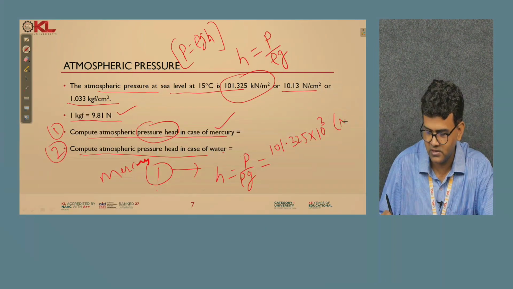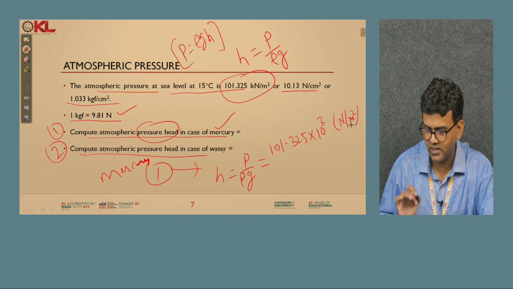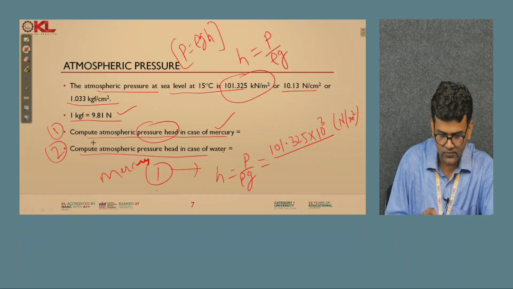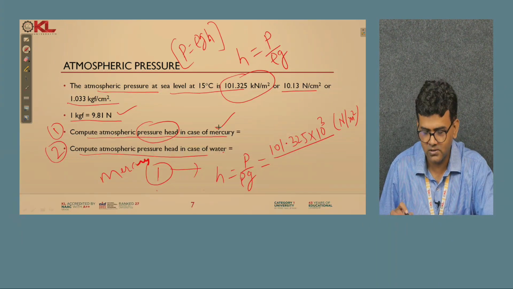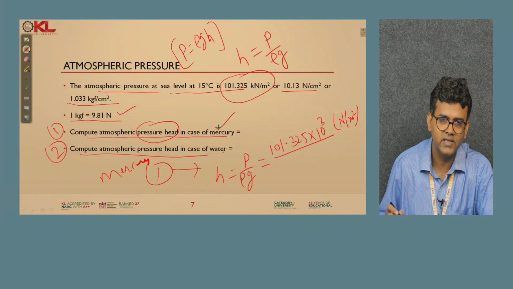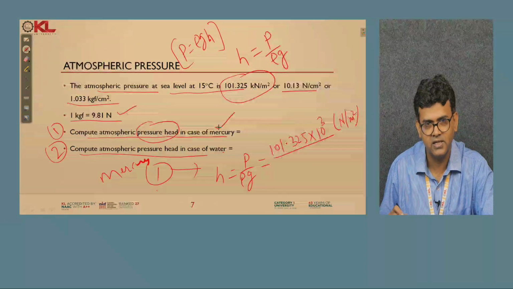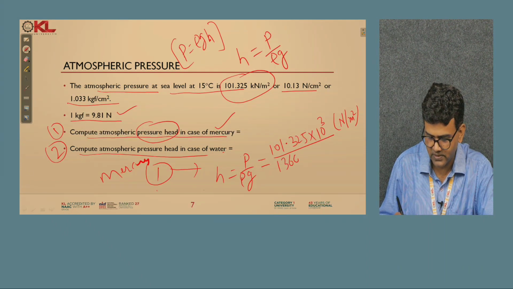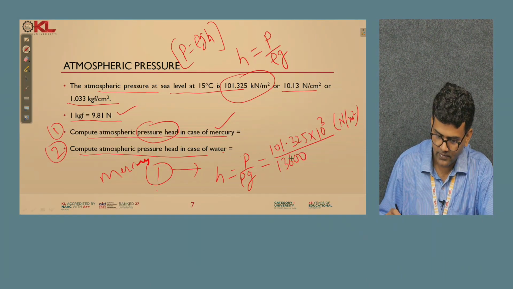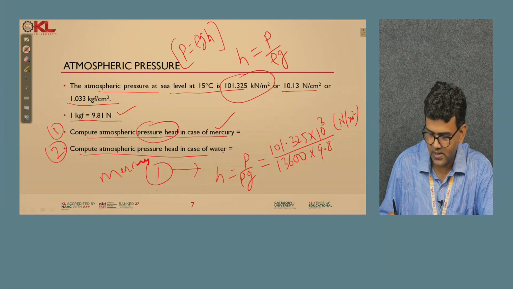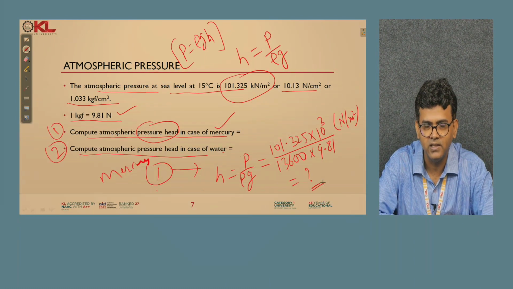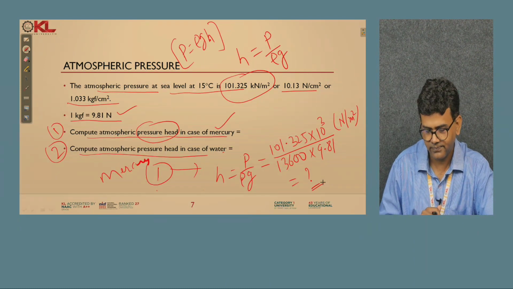This is divided by the density. In the first case, mercury is there. What is the density of mercury? If it is not given, you have to use the standard value, that is 13600. And g is 9.81. Whatever value you get here is the atmospheric pressure head when mercury is the fluid.